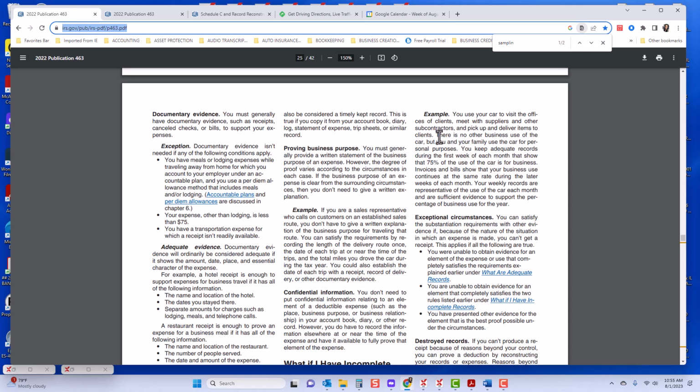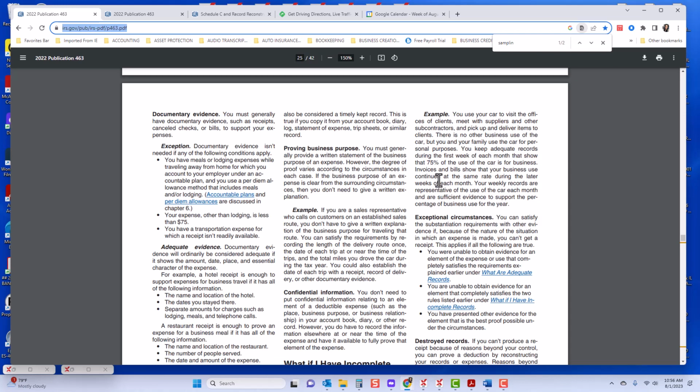So there is no other business use of the car, but you and your family use the car for personal purposes. You keep adequate records during the first week of each month that show that 75% of the use of the car is for business.